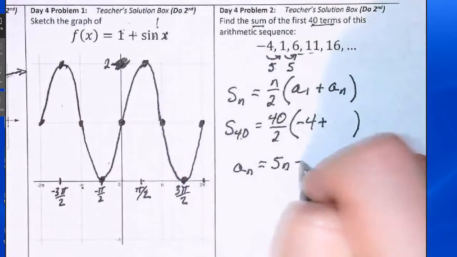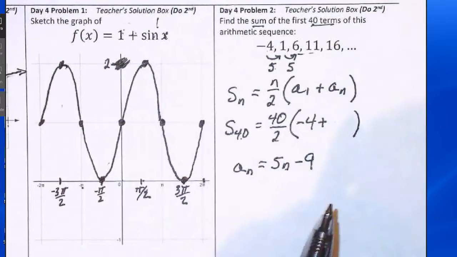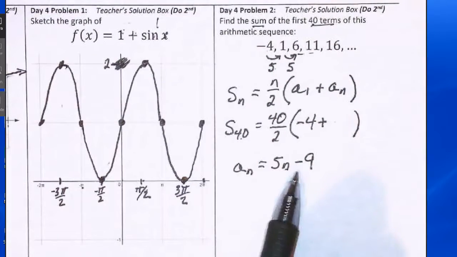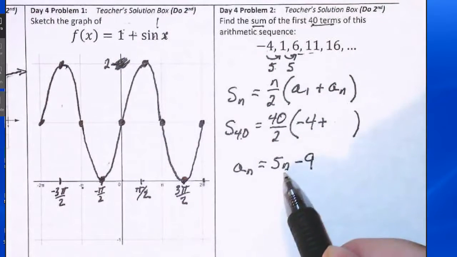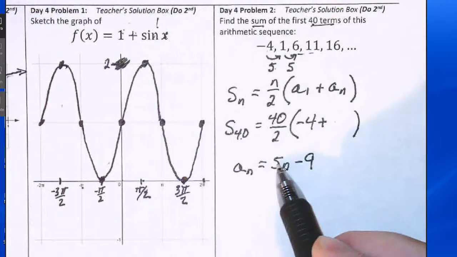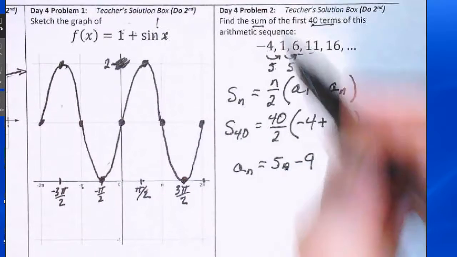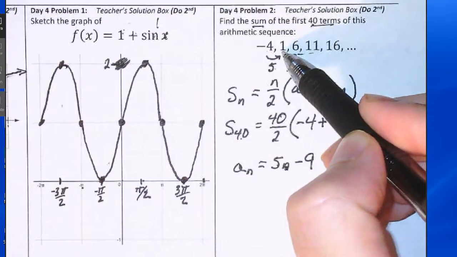We would need to subtract 9 from 5 to get negative 4. Let's test this and make sure it's correct by putting 2 in for n. 5 times 2 is 10. 10 subtract 9 is 1. So the second term turns out to be 1, and that is confirmed here.